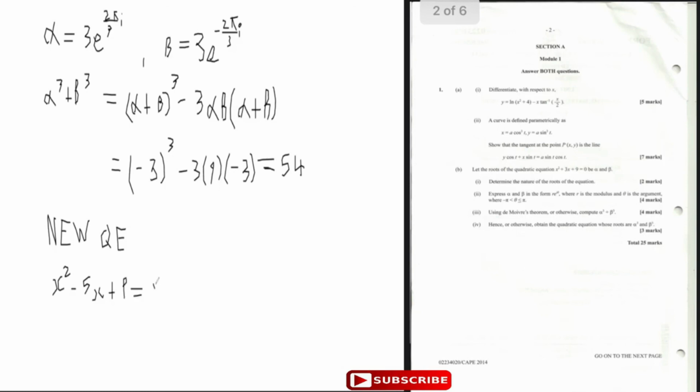So clearly, we need to find the sum of the two roots and the product of the two roots. The sum of the two roots is going to equal alpha cube plus beta cube, and alpha cube plus beta cube, as we can see, is 54.